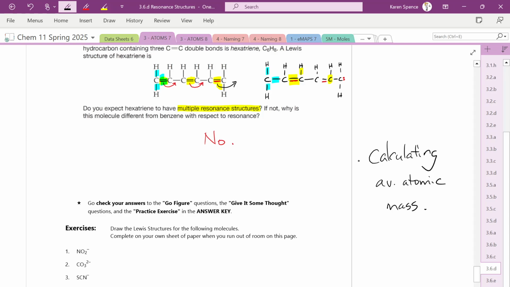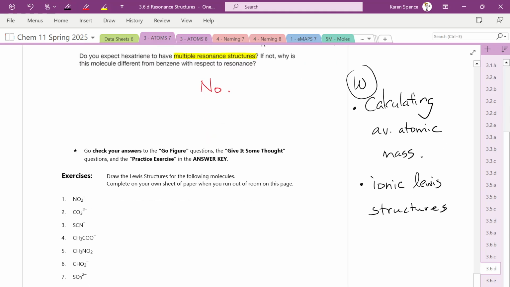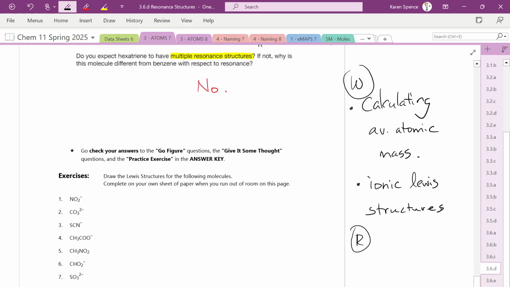And I might also throw on some ionic Lewis structures. All right, and so that's going to be Wednesday. And then Thursday, we'll again do a little practice quiz, but we'll mark them ourselves in class, okay? They're not for marks, but they're for you to see if you know what you're doing. Thursday, we're going to have a covalent Lewis structure quiz. But these aren't really quizzes. They're practice quizzes, no marks.